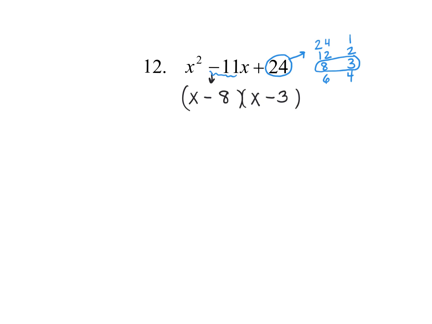A little trick here also is if you ever need to figure out what multiplies to 24 or any other number, there's a little trick here that you can do with your calculator. If you go to your calculator and you put in for the y equals the number that you're looking for divided by x.